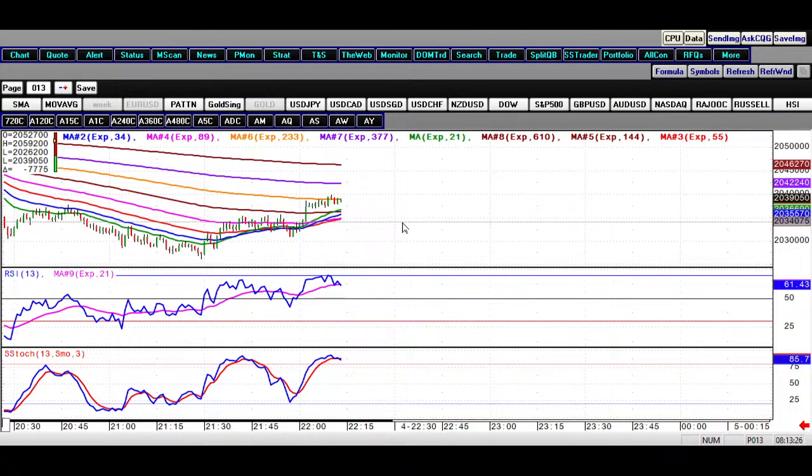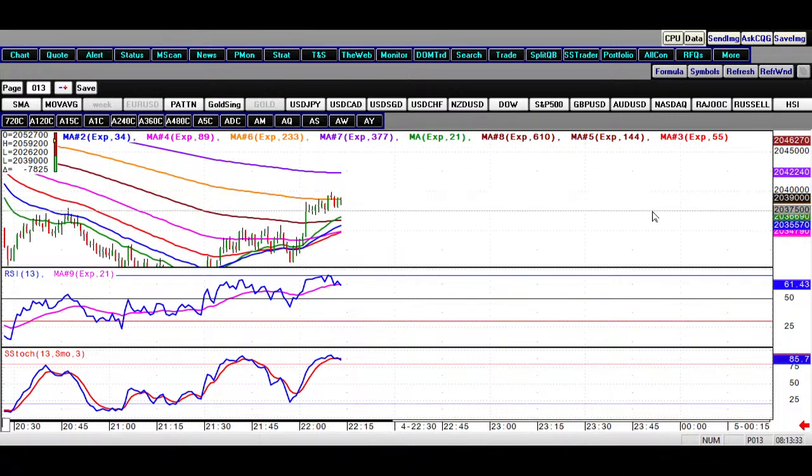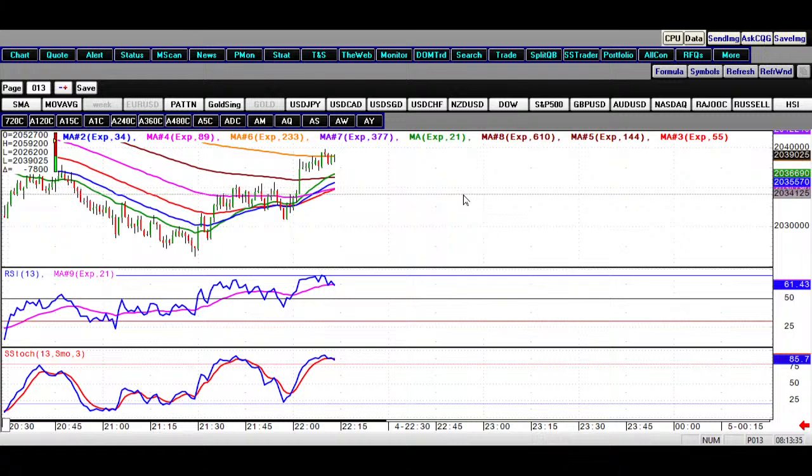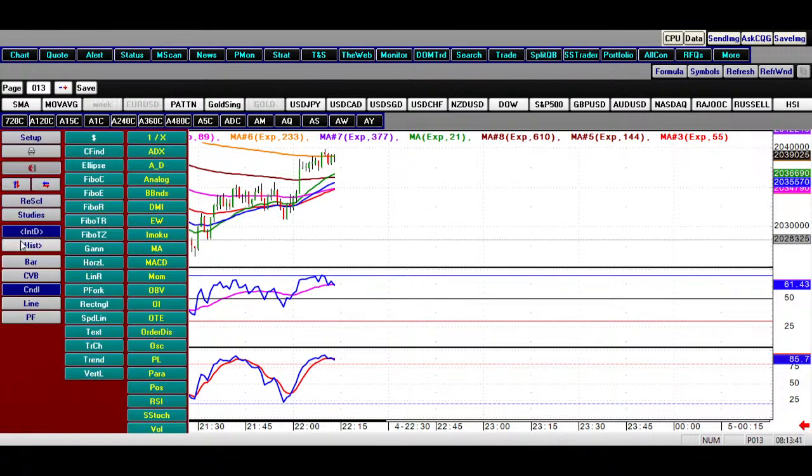Try to buy at 2320. Okay, let me give you this level, because it is for aggressive traders.